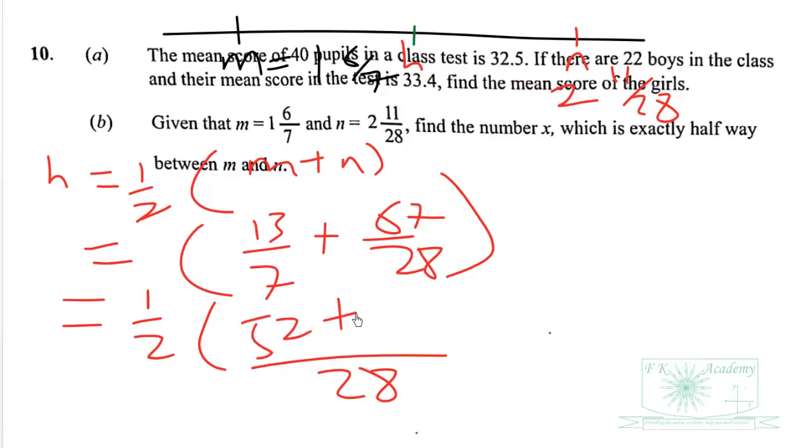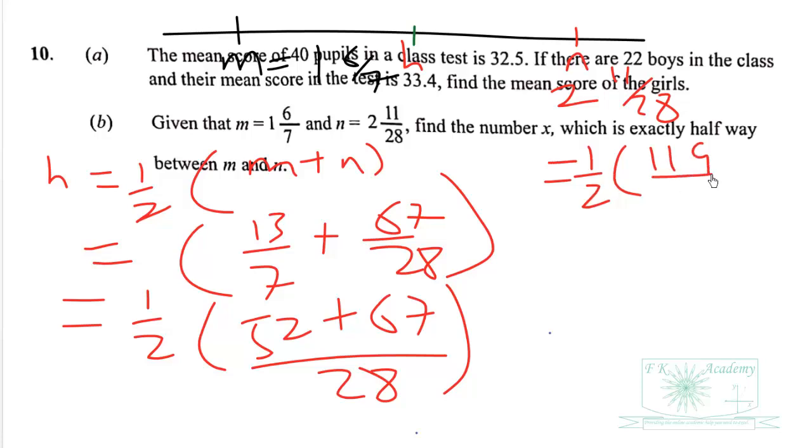Then 28 will go into 28 once, times 67 is 67. So this will be equal to 1 over 2 of 119 over 28, or 119 over 56.